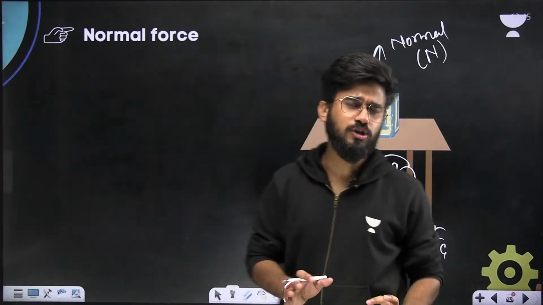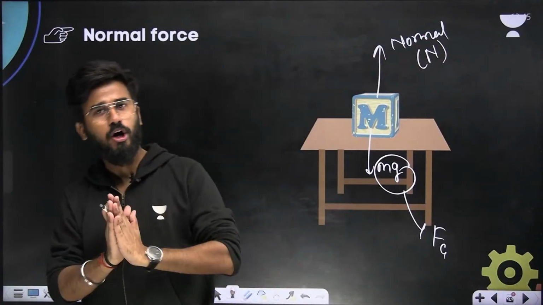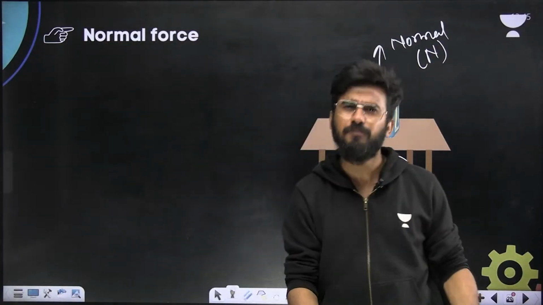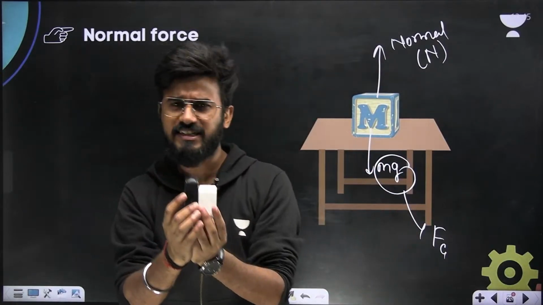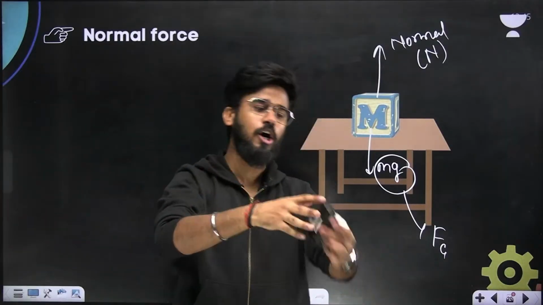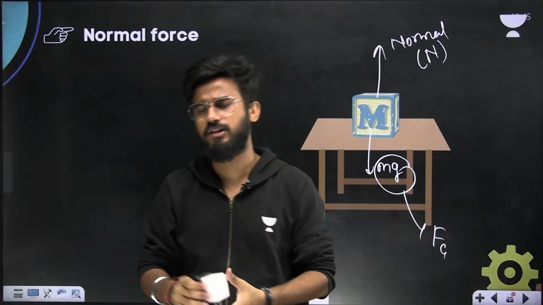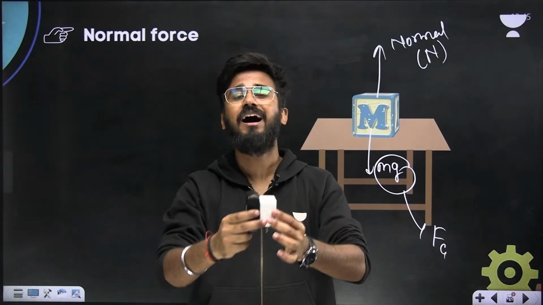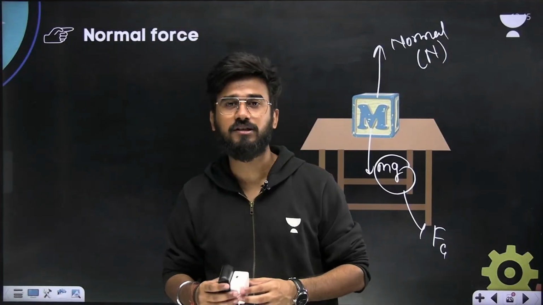This is not just applicable to mg or gravitational force. Whenever two surfaces are in contact, or I am pulling this board, or pushing this thing in this particular direction, these two surfaces apply normal reaction on each other.